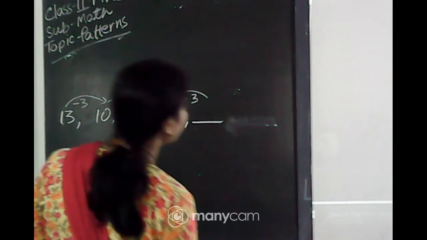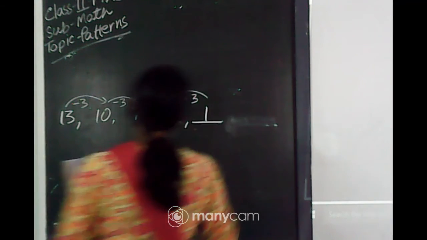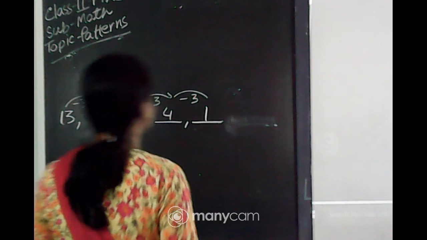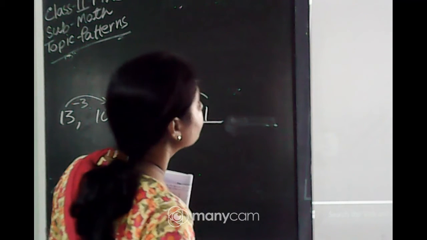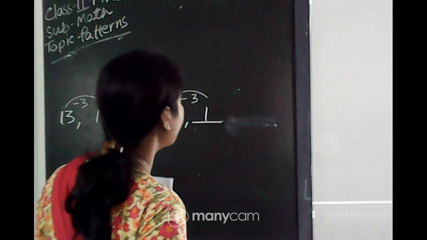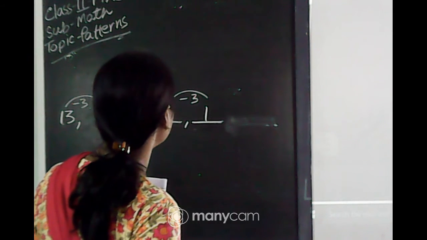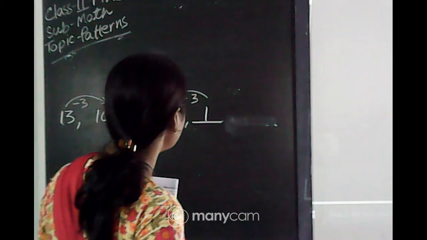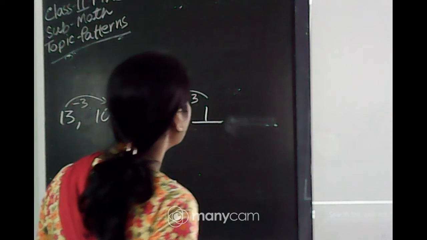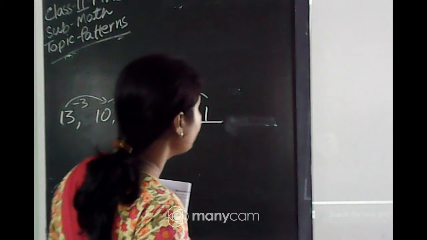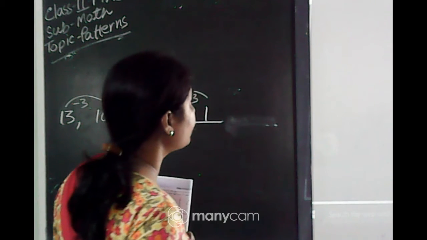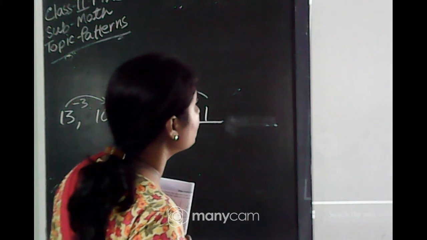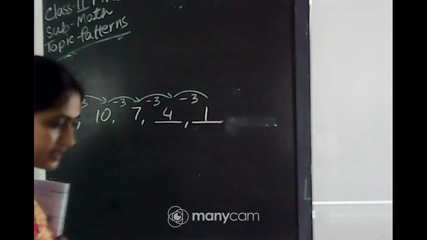Yes. Debojyoti, 1. 13, that means back counting. Okay, it's okay, Pratyushna. 13 minus 3, 10. 10 minus 3, 7. 7 minus 3, 4. 4 minus 3, 1. Washim, very good. Debojyoti, very good. Okay, another one.